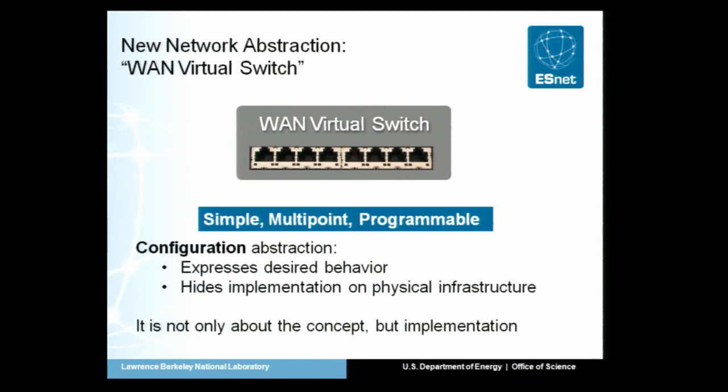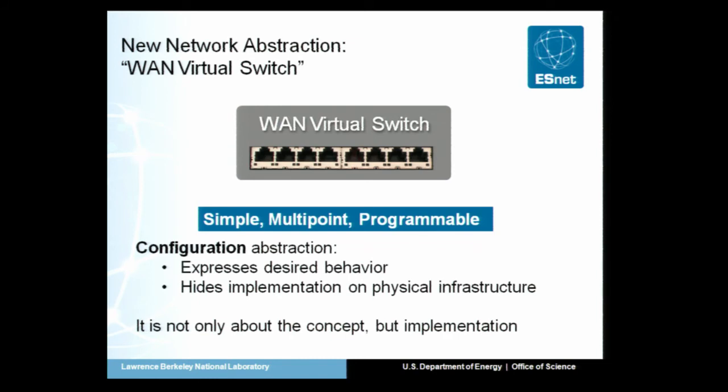What we are investigating and experimenting with is a network abstraction of a WAN virtual switch. If I could represent the whole wide area network as one switch, which is simple, multi-point, and programmable, that is the concept that we are pursuing and seeing the viability of. From a Scott Shenker perspective, this is what I would call the 3rd abstraction, the configuration abstraction.